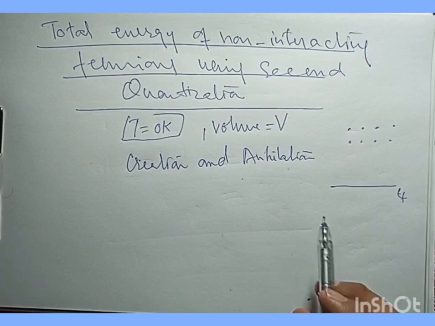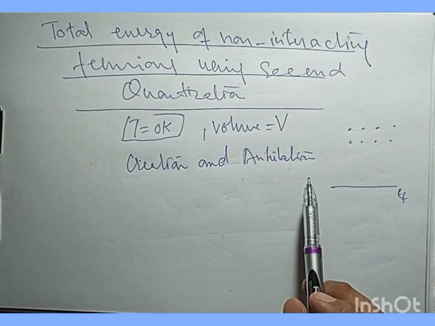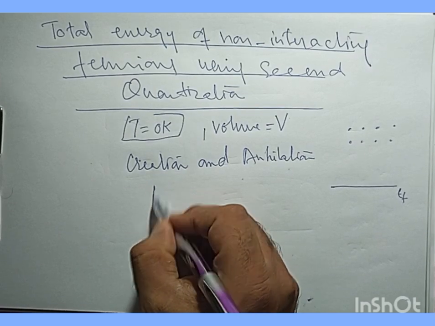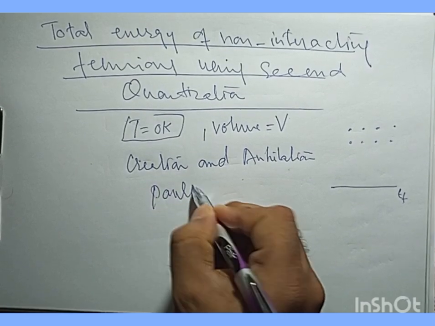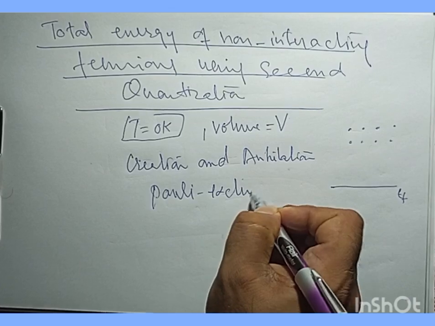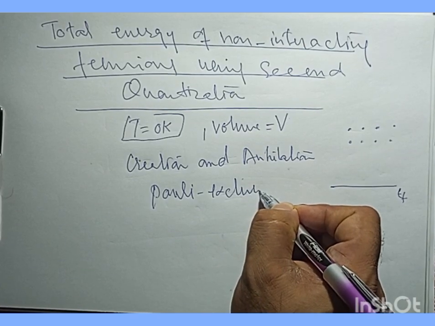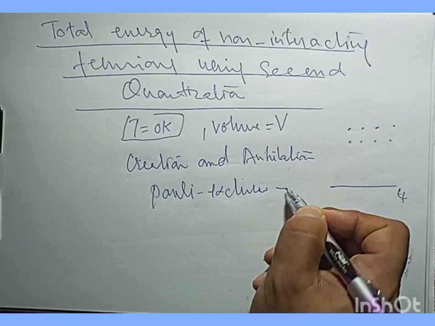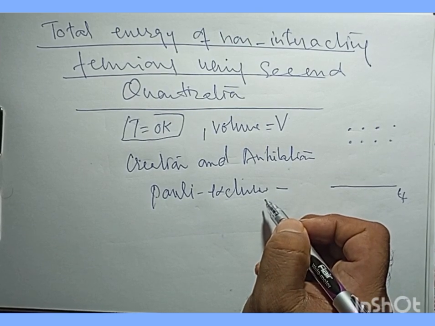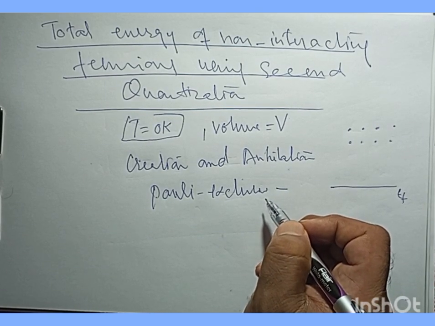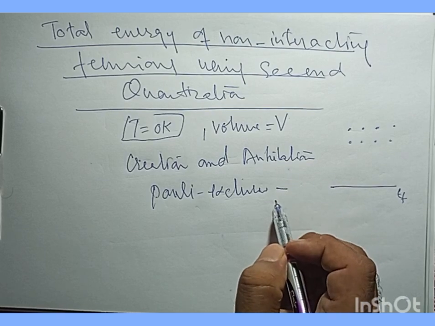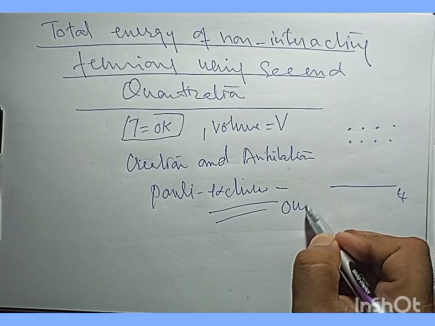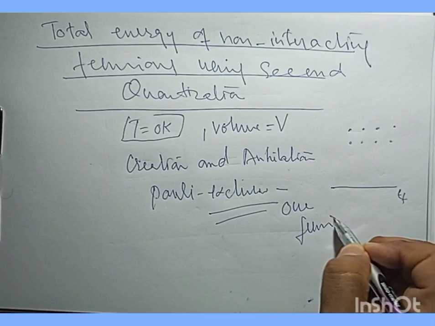At the same time, we have to incorporate Pauli's exclusion principle, because Pauli's exclusion principle ensures that each quantum state can be occupied at the most by one fermion.